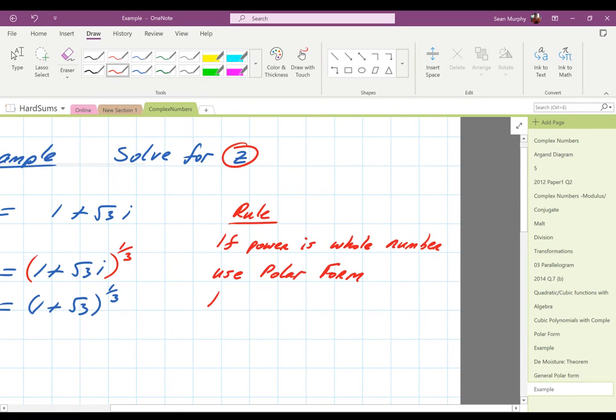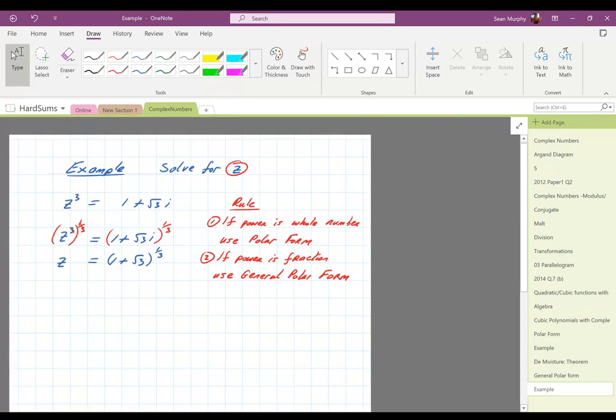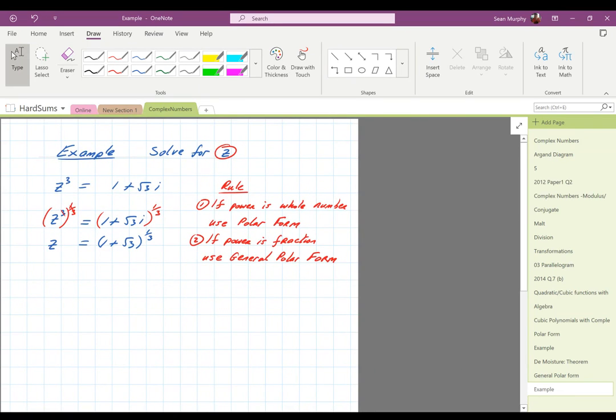But if the power is a fraction, use general polar form. So that's rule number 1, and that's rule number 2. And that's how you know in an exam situation which one to use.